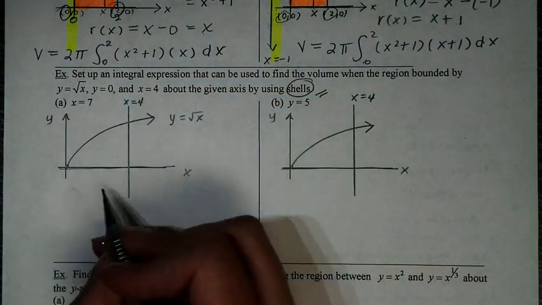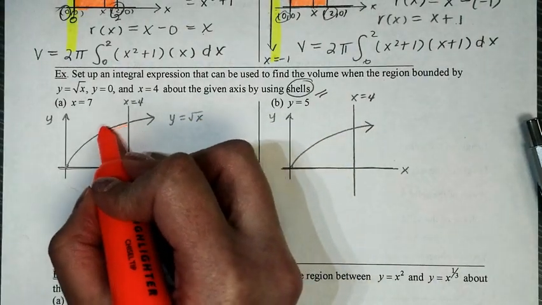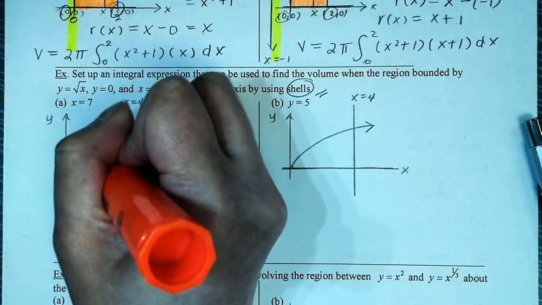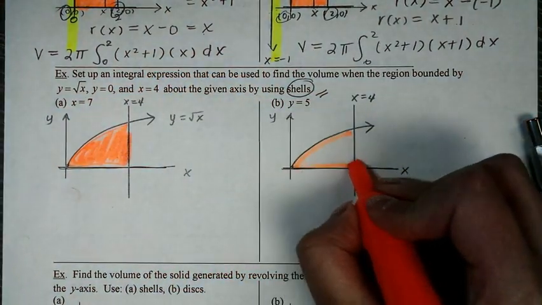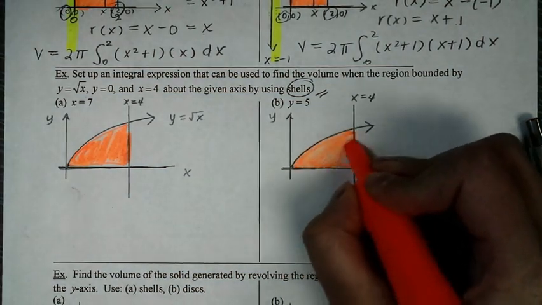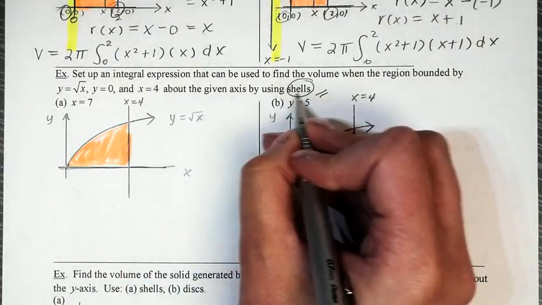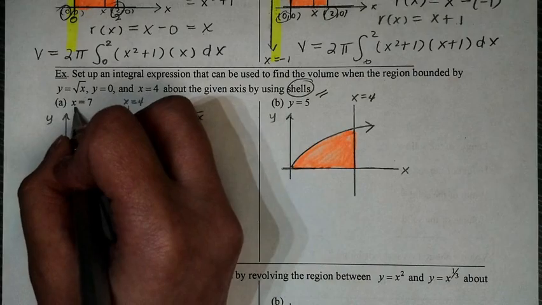Okay, so you have that shaded situation here. Now it's more clear which region you have. This is going to be the area that we're going to be rotating. Do you see it? Okay, so that's what we have. Anyway, about the given axis using shells, the first one that we have over here is x equals 7.